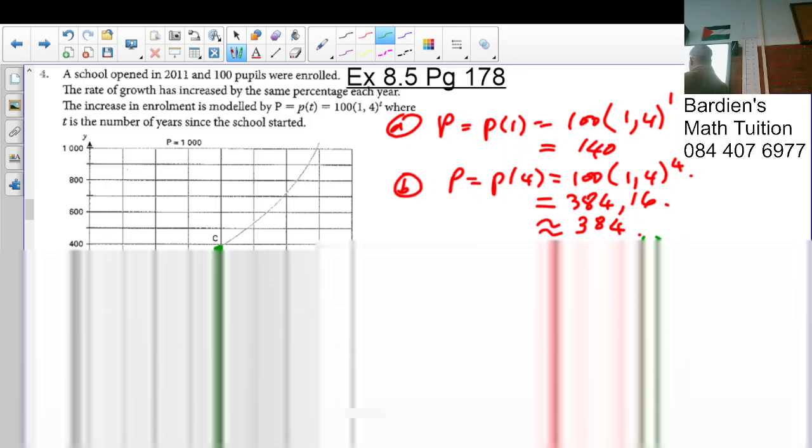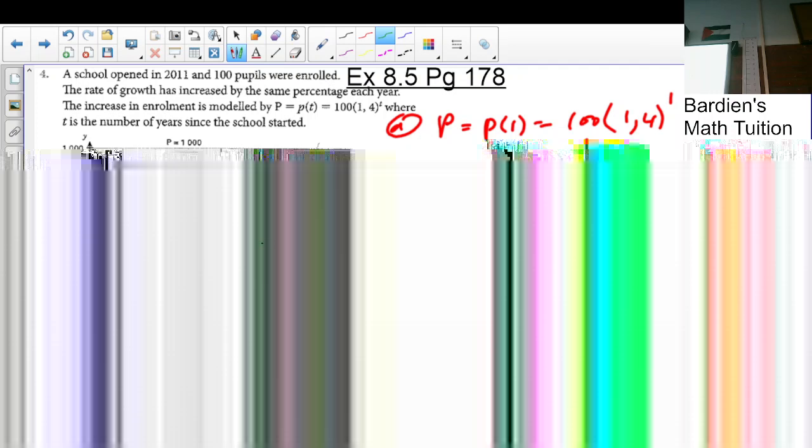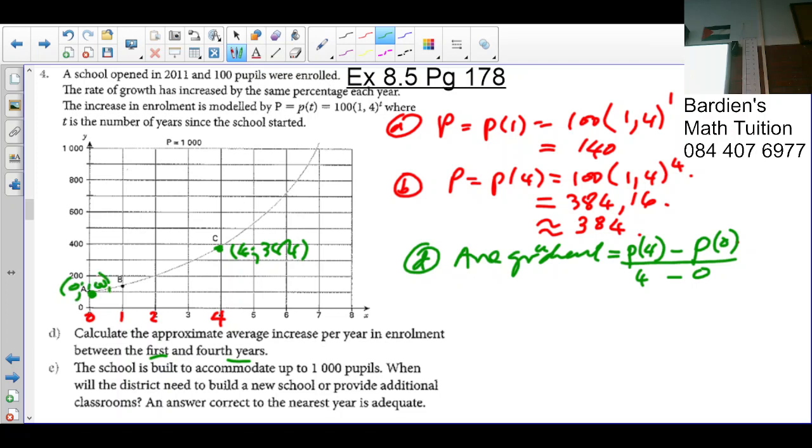So it's going to be P4 minus P0 over 4 minus 0, basically. Then was I saying y2 minus y1 over x2 minus x1. Where do I get that? It was 4 and P of 4, and P of 4 is 384. And this is going to be 0 and 100.